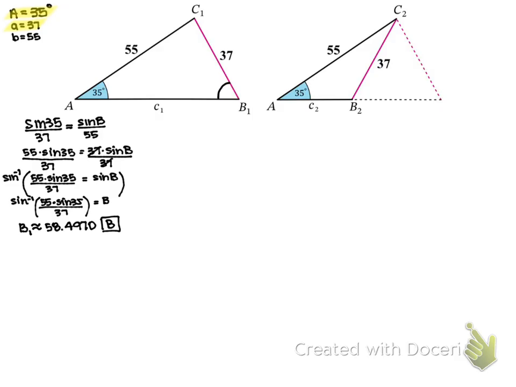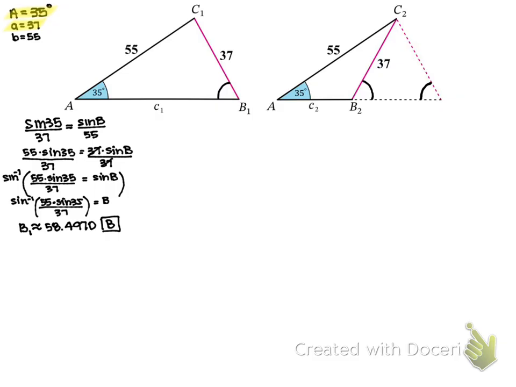So if I go over to the one with the dashed lines, so I still have the pink dashed line and the black dashed line on the bottom, this triangle with the dashed lines, this guy over here, is an isosceles triangle. So what I know is that this measurement here is going to be the exact same thing as that measurement there. They're going to be congruent to each other.